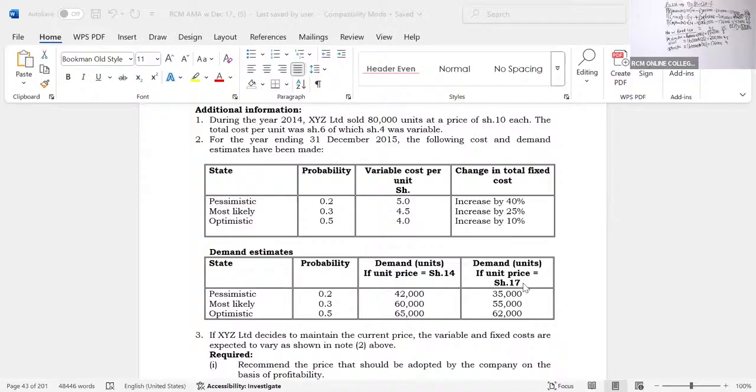So for 17, how much are we getting? 500,450 shillings. 17. All of them just finished. This girl, she's running.